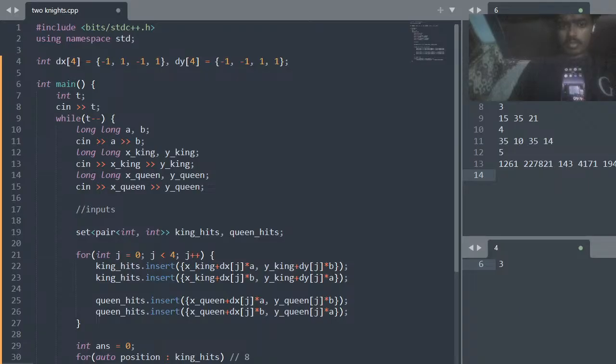Not एरी एंड हो गया. So that's why the time complexity log to 8 आ रहा है and then answer increment, right?